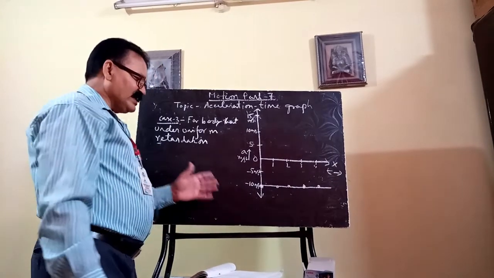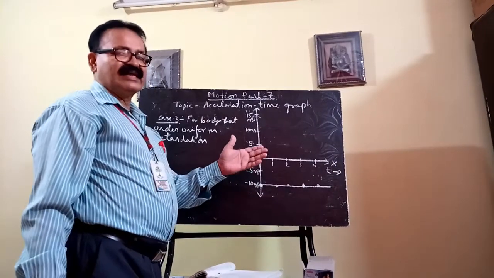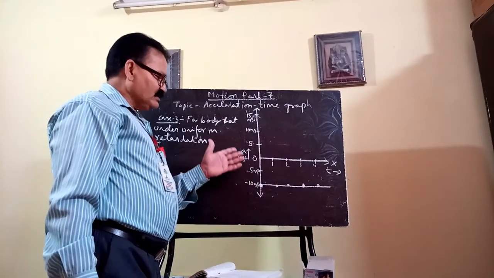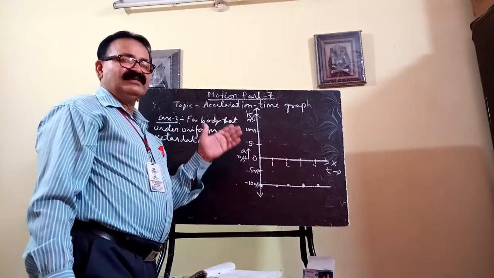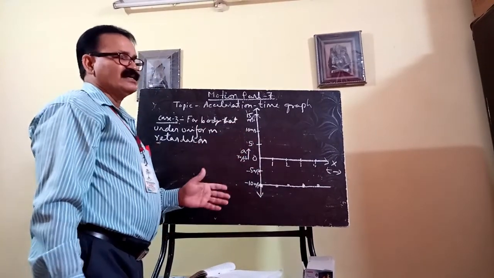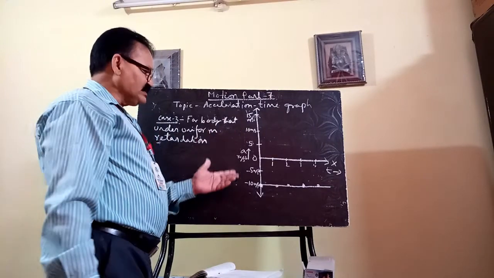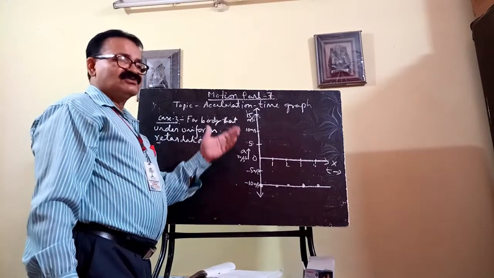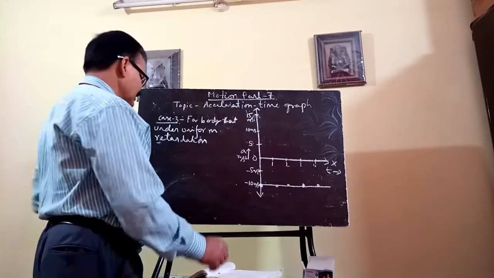Clear? And again, here also you can find the decrease in velocity by finding the area enclosed with your time axis. And obviously, since it is retarding uniformly, the velocity decreases also at a uniform rate. Okay.